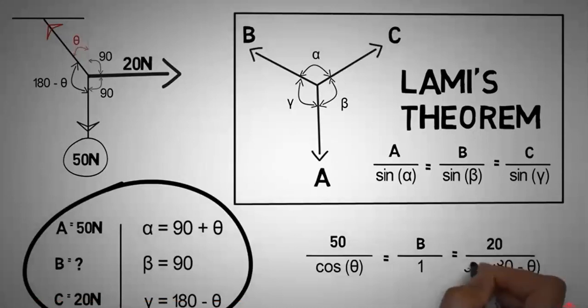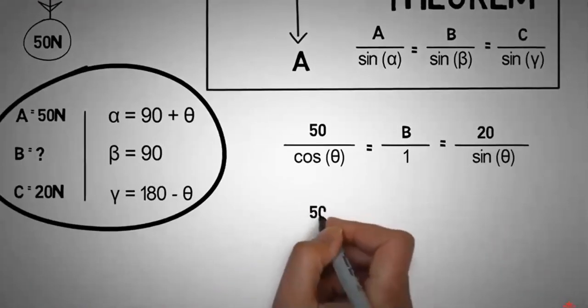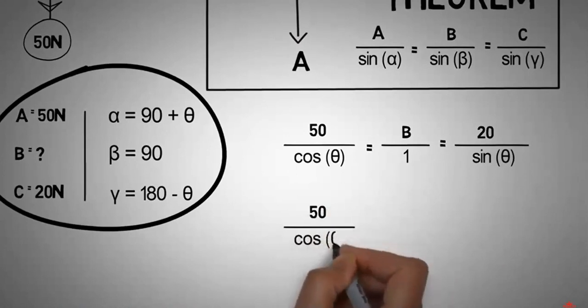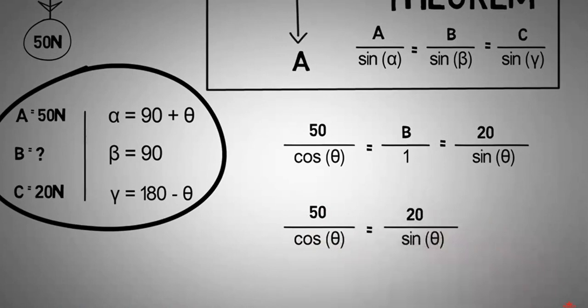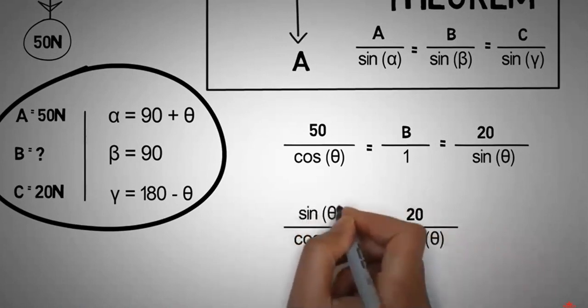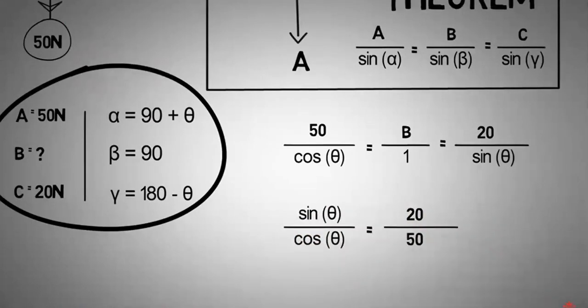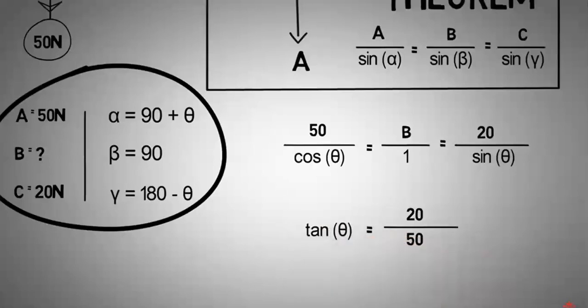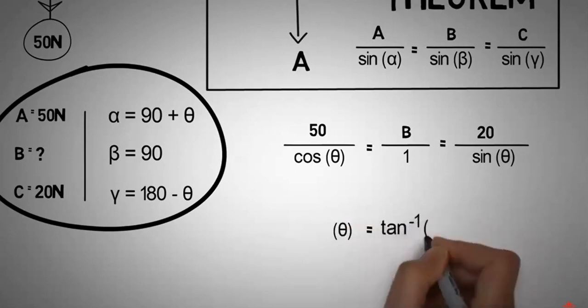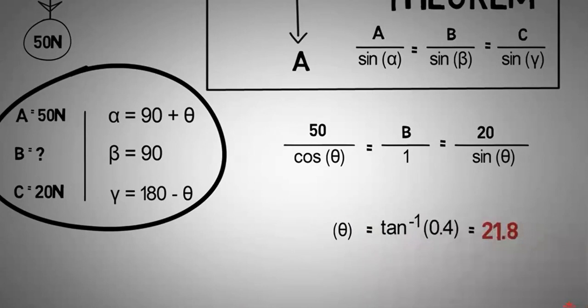And sine of 180 minus theta is sine theta. Consider 50 by cos theta is equal to 20 by sine theta. This becomes sine theta by cos theta is equal to 20 by 50. Sine theta by cos theta is tan theta and 20 by 50 is 0.4. So theta is equal to tan inverse of 0.4, which is 21.8 degrees.